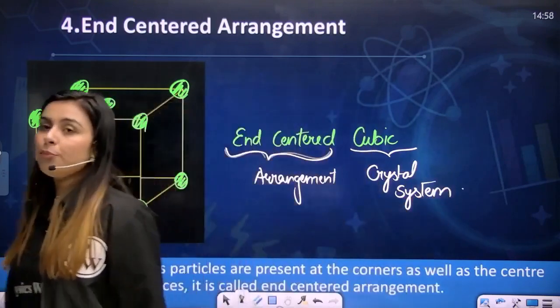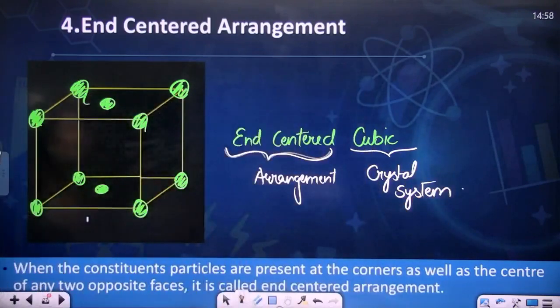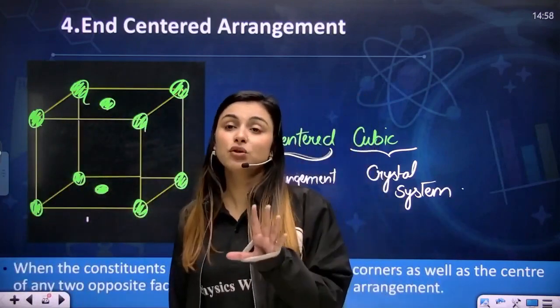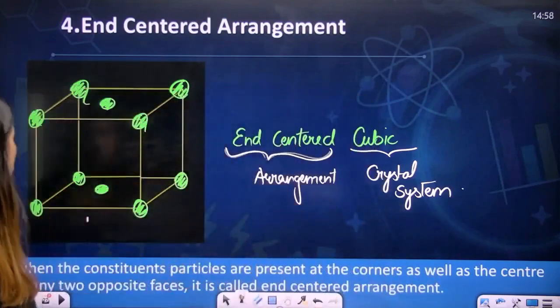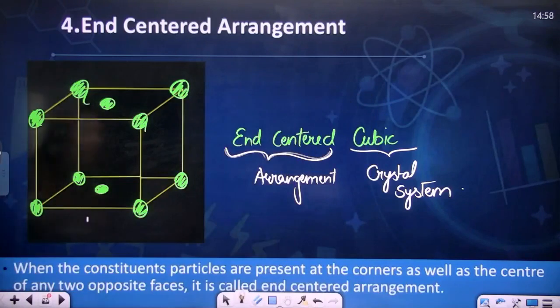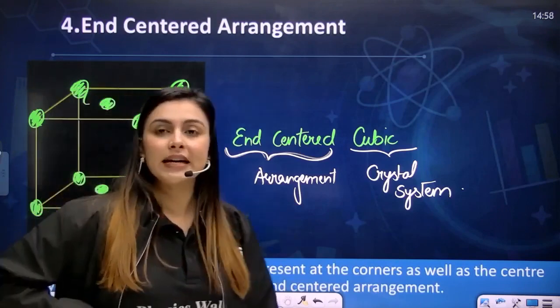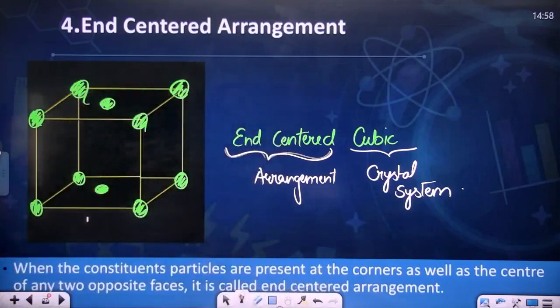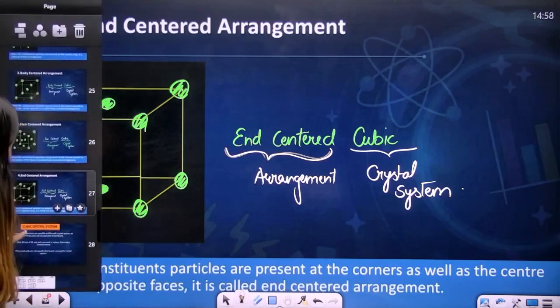Okay, I hope you are clear with this. These are the 4 different types of arrangements that are possible, and you have 7 different crystal systems. It is written here as well. When the constituent particles are present at the corners as well as the center of any 2 opposite faces, it is called the end-centered arrangement. Okay, first write it down and then we'll move forward. I hope you've written it.